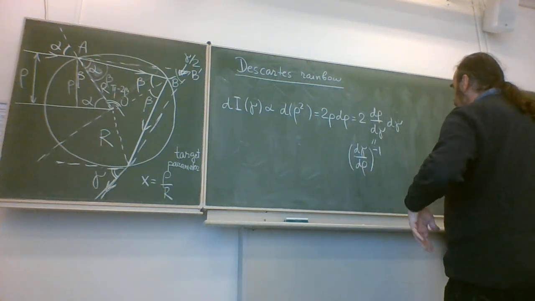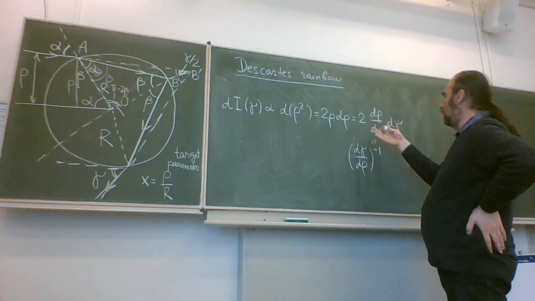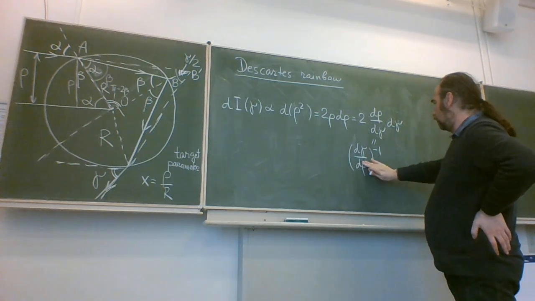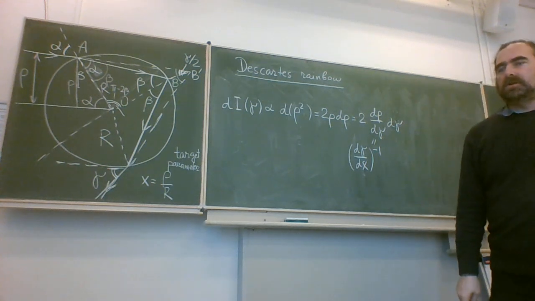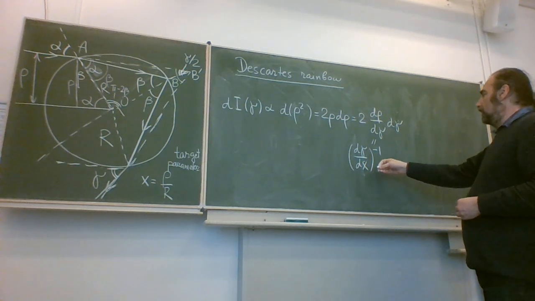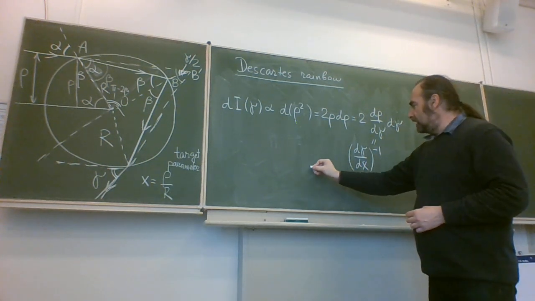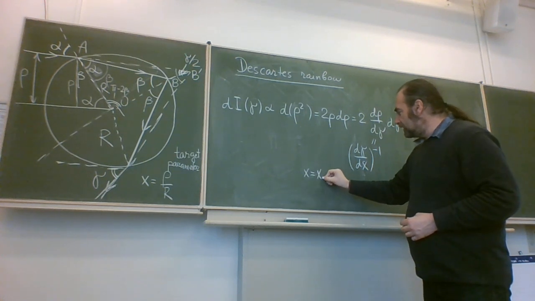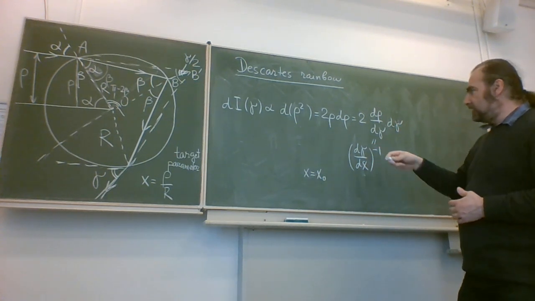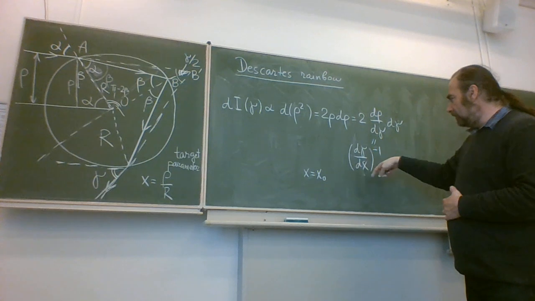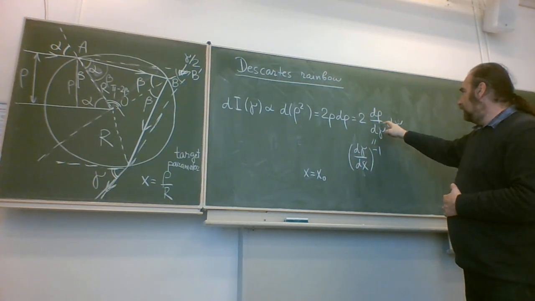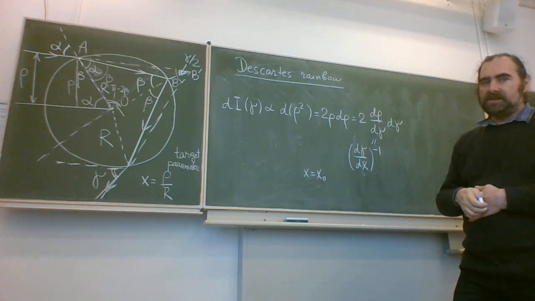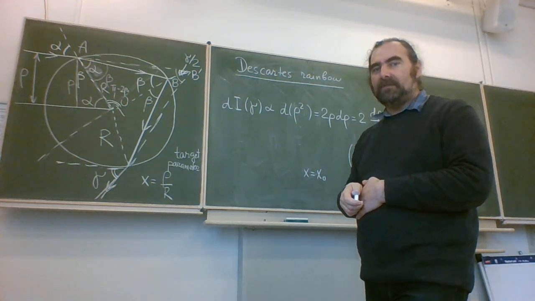And we can also write x if you want. It would be also proportional to d gamma over dx. And we see that because at x equals x0, gamma has a maximum, so this derivative is 0. The intensity has a singularity. The intensity at this point diverges.